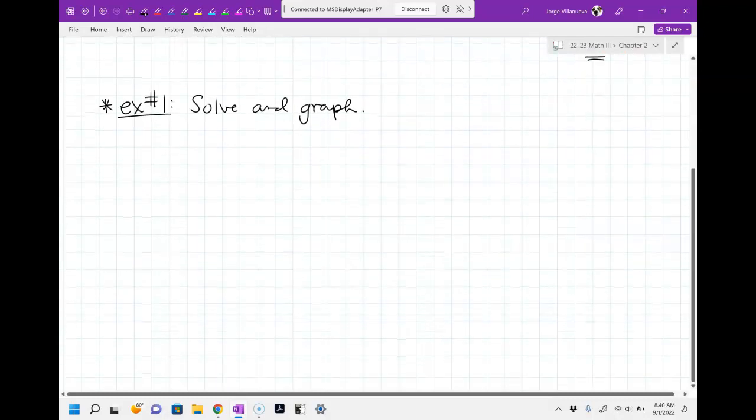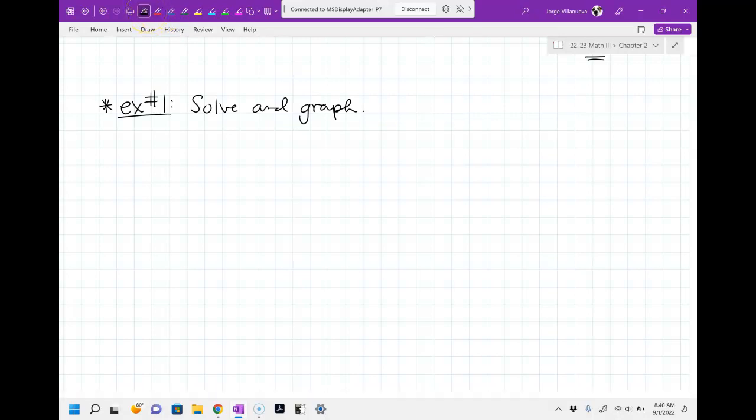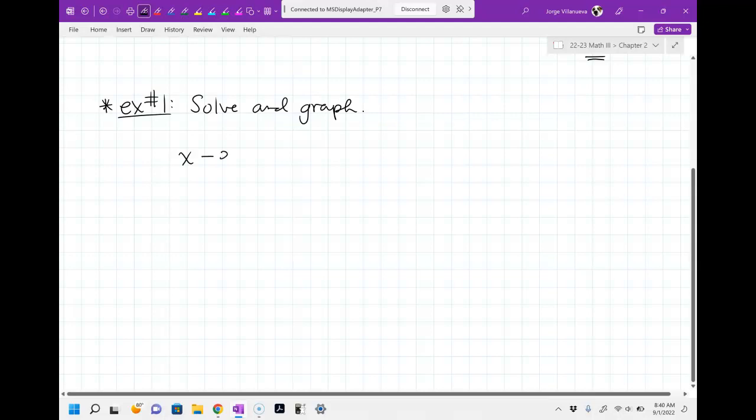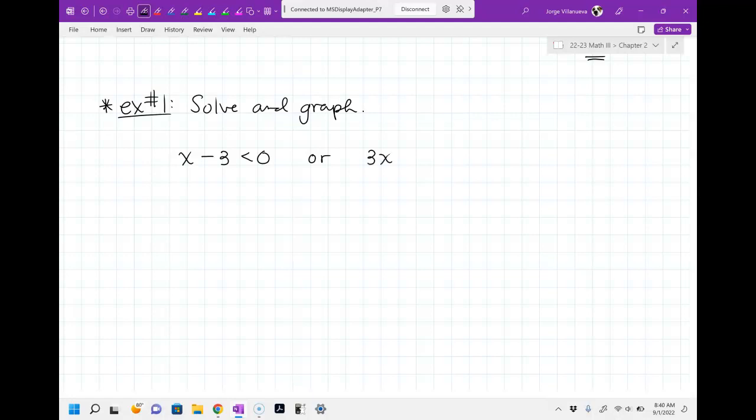So here's one. This is going to be an or problem. x minus 3 less than 0, or 3x greater than 15. Notice this one literally says or on it.